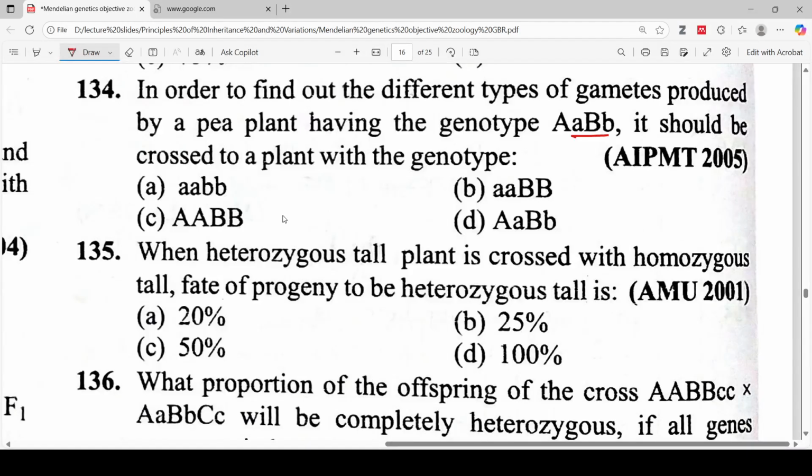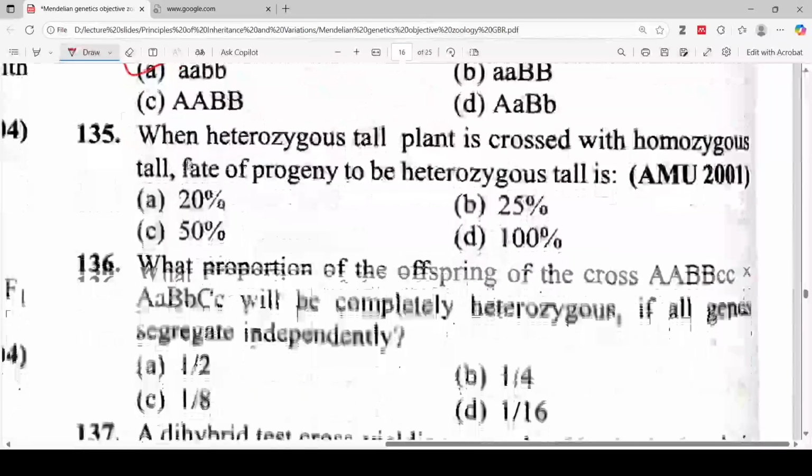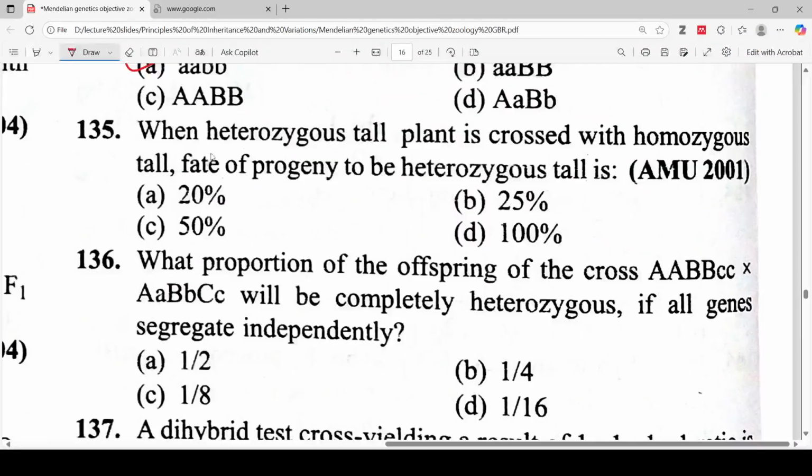So the correct answer is A. Next question, when a heterozygous tall plant is crossed with a homozygous tall, the fate of the progeny will be heterozygous tall each. So the correct answer will be option C, 50% will be the correct answer.